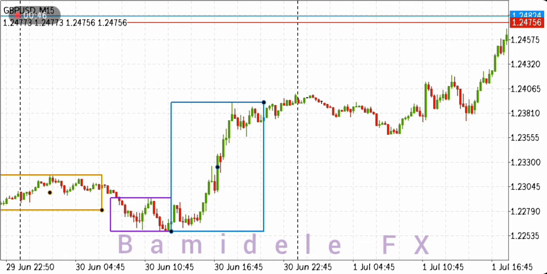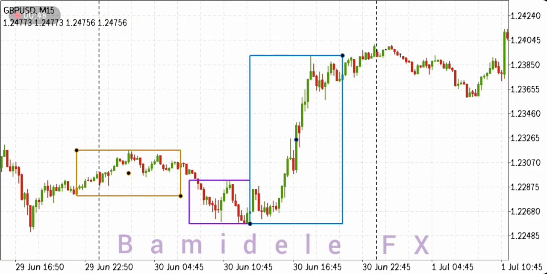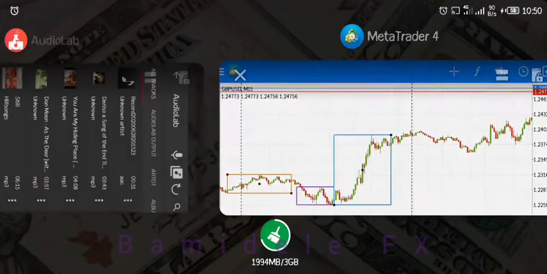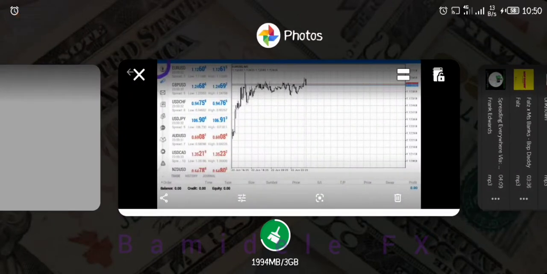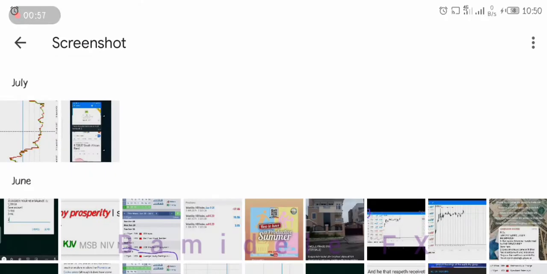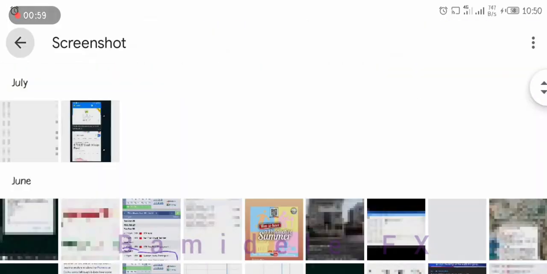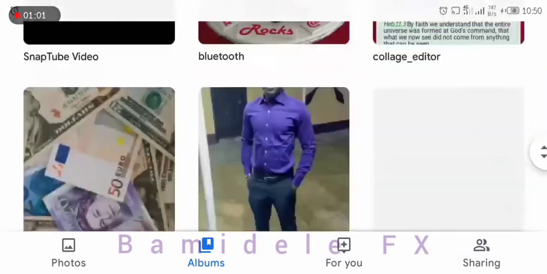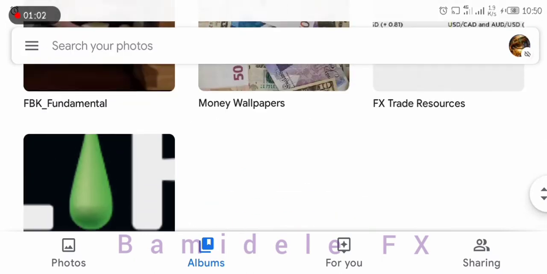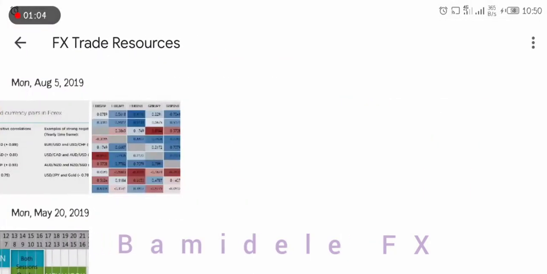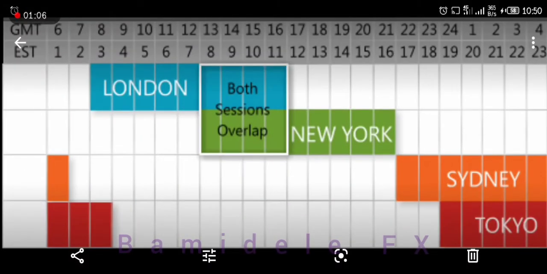Now, first of all, the forex market, the foreign exchange market, every day moves in about 3 sessions. Let me show you the main ones.